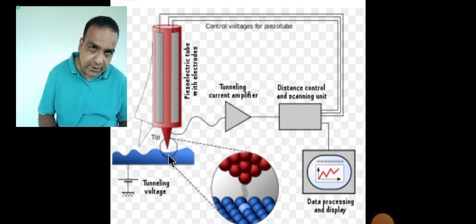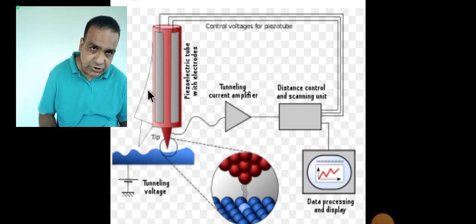So this tip has to be extremely sharp, and the gap between the tip and the sample is extremely small, of the order of nanometers. This certainly develops the electric field and becomes a reason for quantum mechanical tunneling.